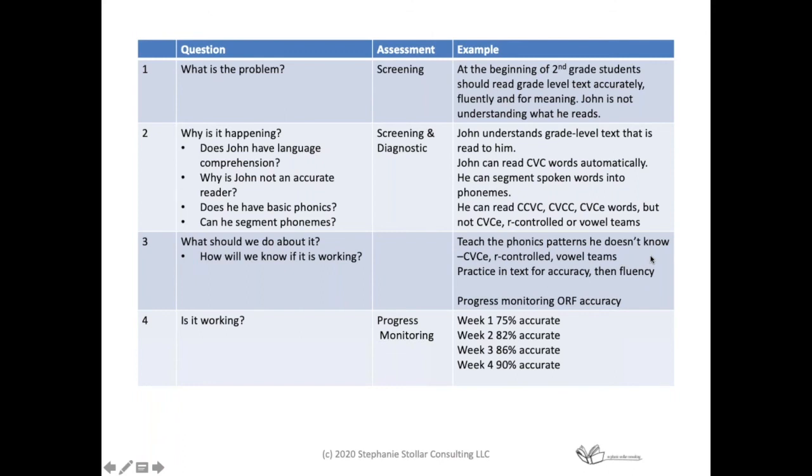So we could work on advanced manipulation skills, working with phonemes as the warm-up within that explicit phonics lesson, then building to phoneme-grapheme mapping in these patterns that he is missing, explicitly modeling, practicing with support until the student can read that pattern accurately, and then providing enough practice of that pattern that he can become fluent.